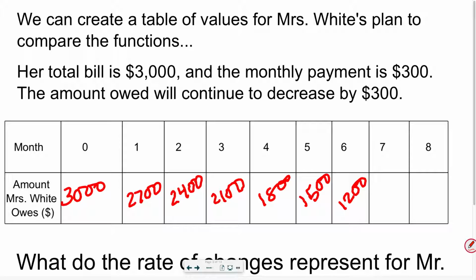Every month that passes, we're subtracting $300, how much she's paying. Okay. And for 8 months. Or 6 months. Awesome.